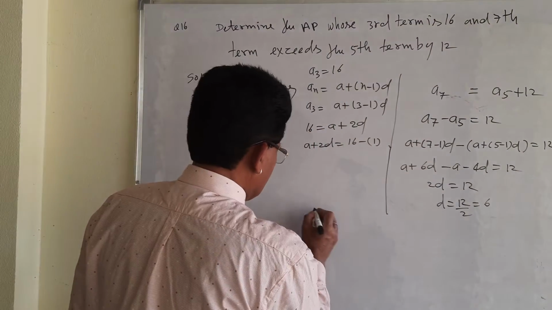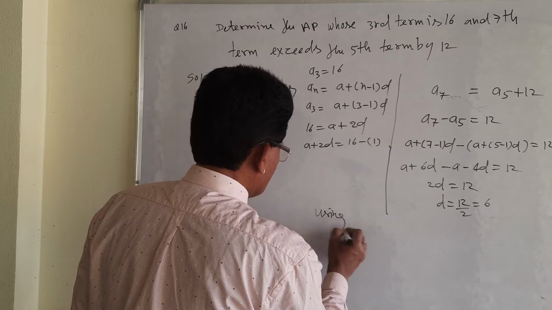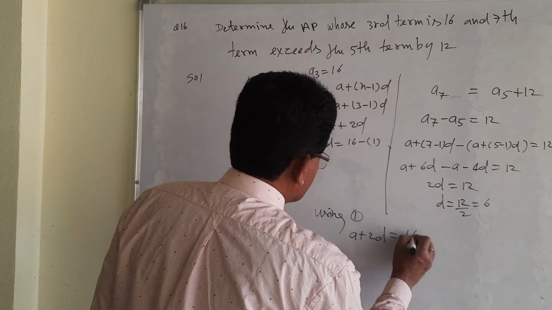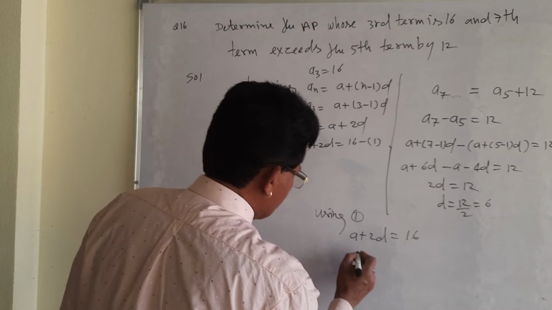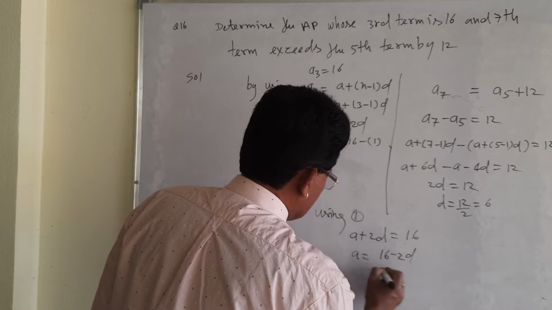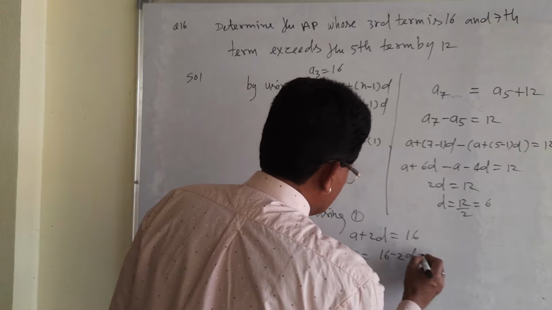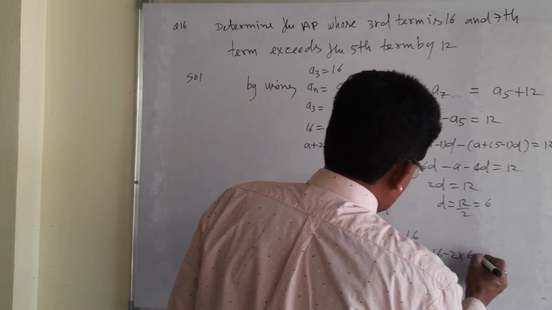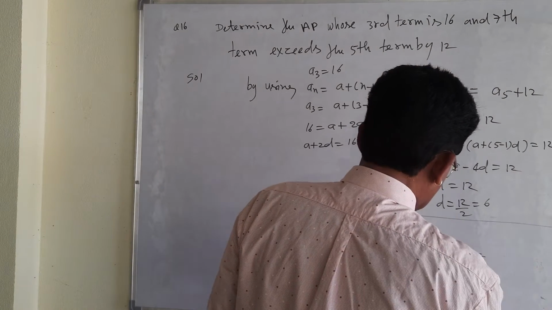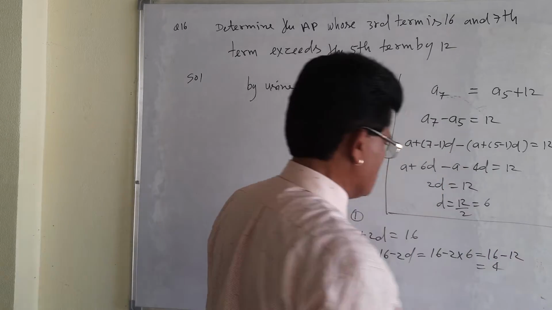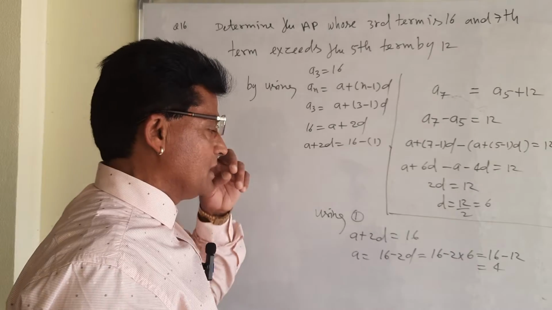Using the first equation, A plus 2D is equal to 16, write in place of D. A will be 16 minus 2D, which is equal to 16 minus 2 into 6. That is 16 minus 12, which is 4.